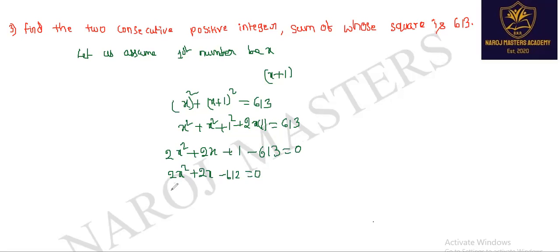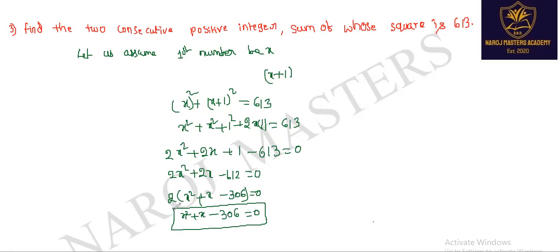Then take 2 common from this: 2 into x square plus x minus 306 equal to 0. Then x square plus x minus 306 equal to 0. This is our quadratic equation now.